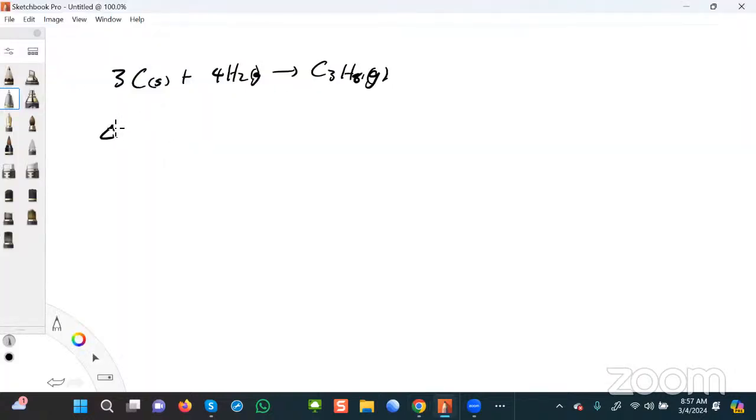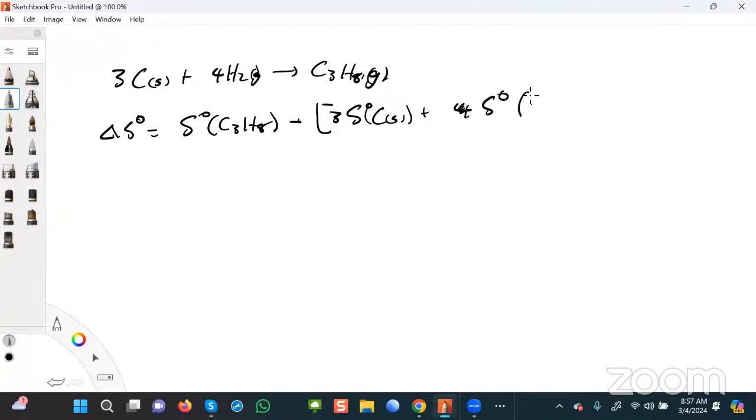So delta S standard would be equal to S standard for C3H8 minus the sum of S standard for carbon multiplied by 3, by the way, plus 4 times standard S for hydrogen. And all we have to do from here is plug the numbers in.